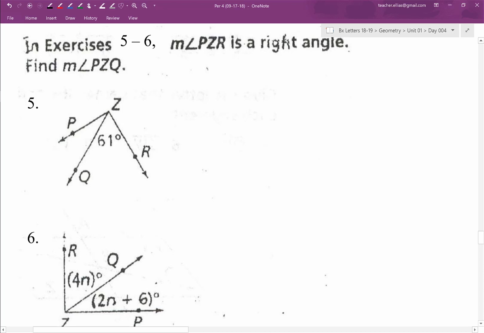This angle is 4n. Again? Good. What number is that?